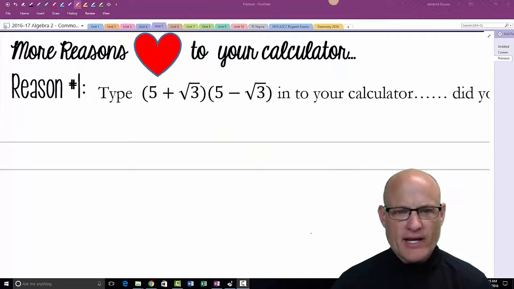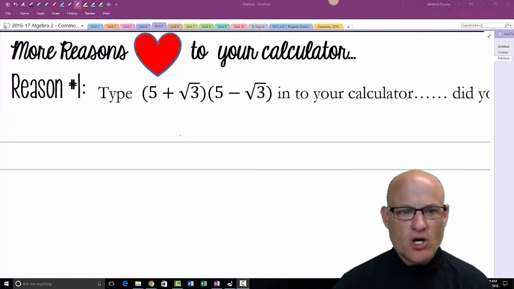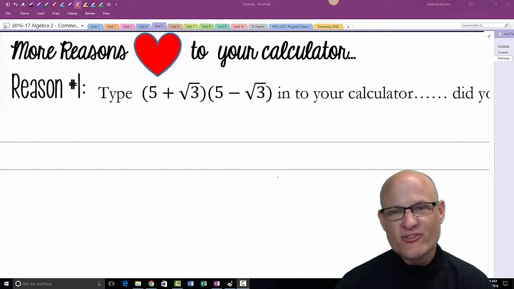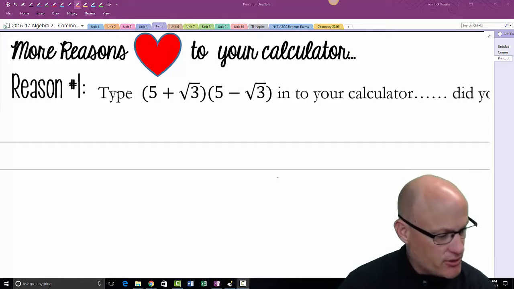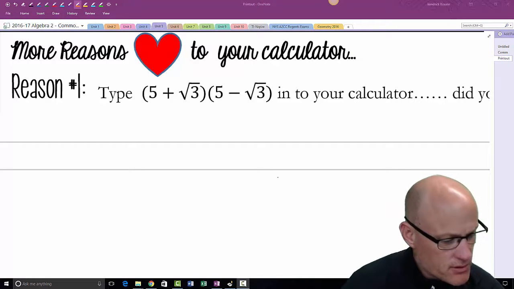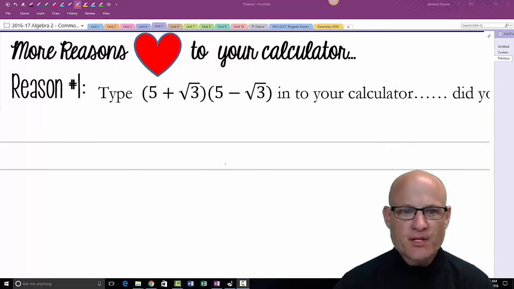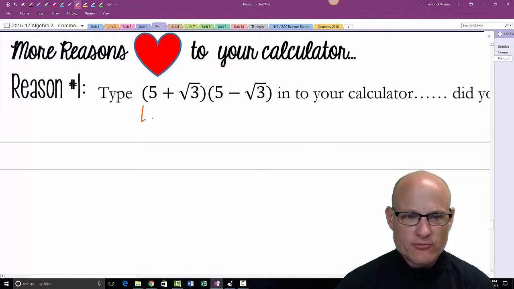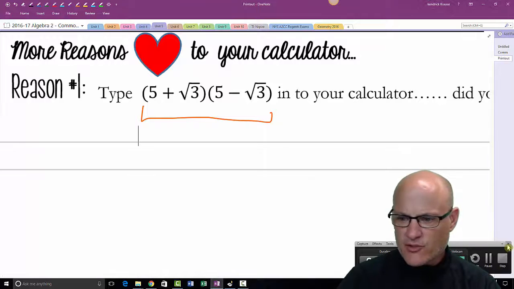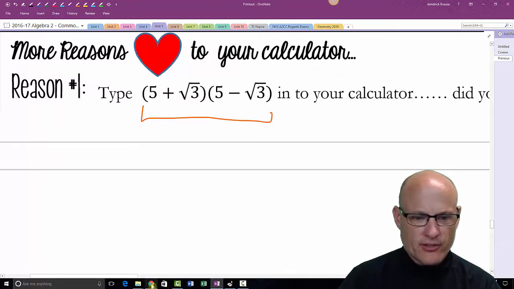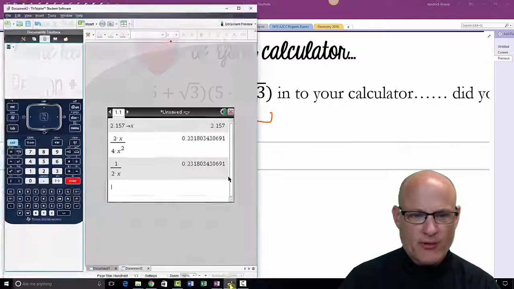All right, so let's see what we got here. So just some final things about how you can use your calculator to help you out. We had a problem like this earlier. Let me get at my calculator, go find a problem.